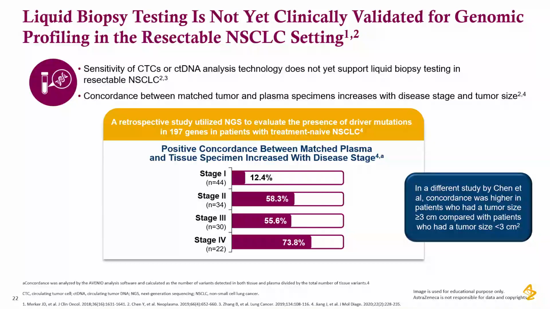Stage-wise, the concordance rates are 12.4%, 58.3%, and 55.6% in stage 1, stage 2, and stage 3 respectively, whereas in the metastatic setting it goes up to 73.8%. That's why liquid biopsy is not feasible as a sample to assess EGFR, ALK or PD-L1 status in resectable non-metastatic NSCLC, but only in the metastatic setting does liquid biopsy play an important role. Next slide, please.